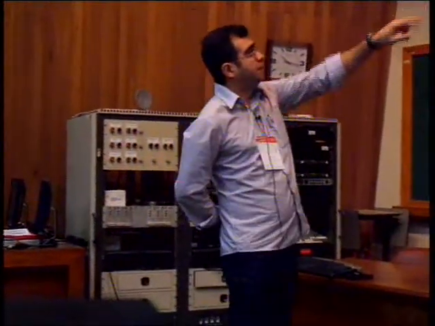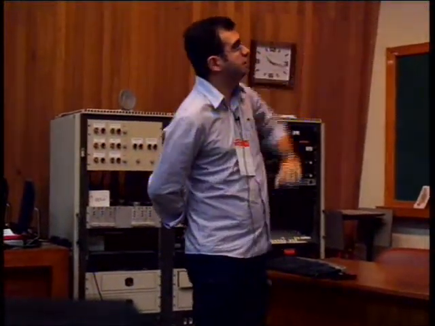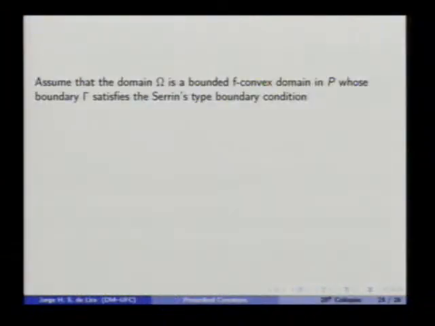The only restriction about psi is that one. And if you assume that the domain omega is convex, it's F convex, this means that it is convex with respect to this particular choice of curvature function.